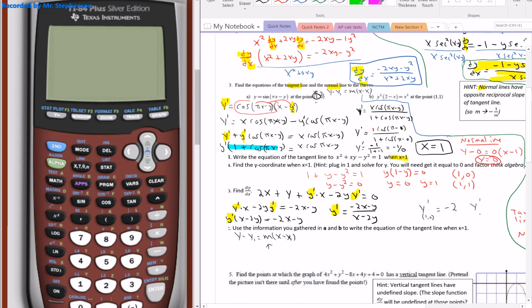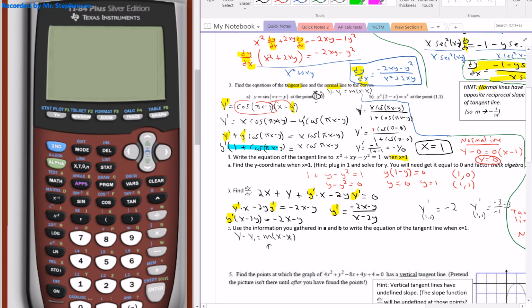And if I plug in (1, 1), then I get negative 2 minus 1, which is negative 3, over 1 minus 2, which is negative 1. So that's going to be 3.